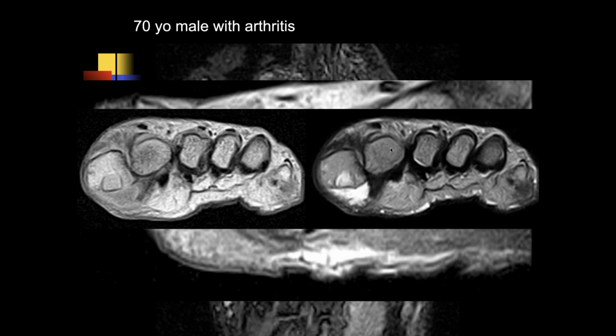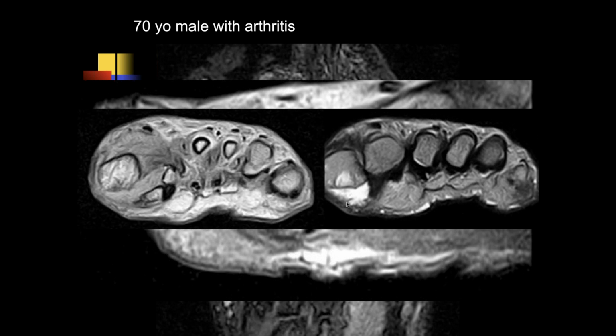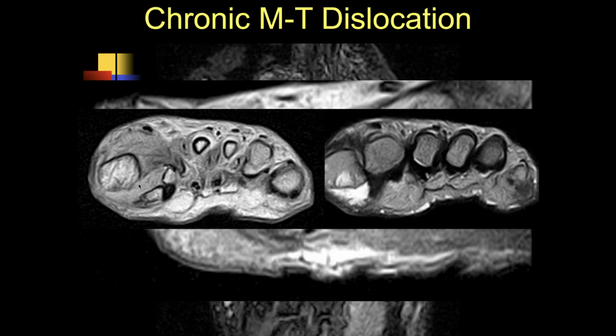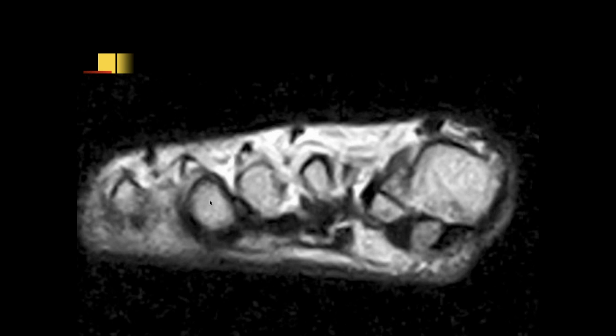There may be some osseous erosions there along the plantar aspect of the metatarsal. And here we can see lateral subluxation of the sesamoids. So this is a chronic metatarsophalangeal dislocation, another patient with rheumatoid arthritis. And gout doesn't usually do that.